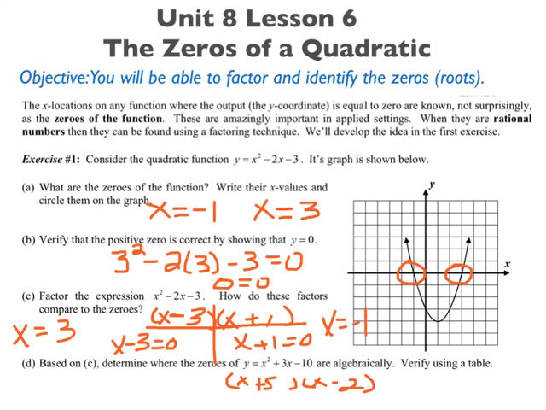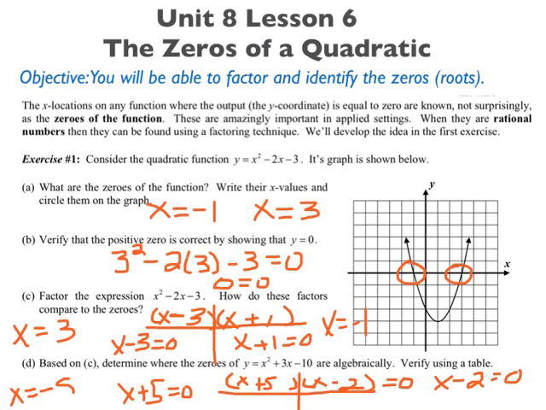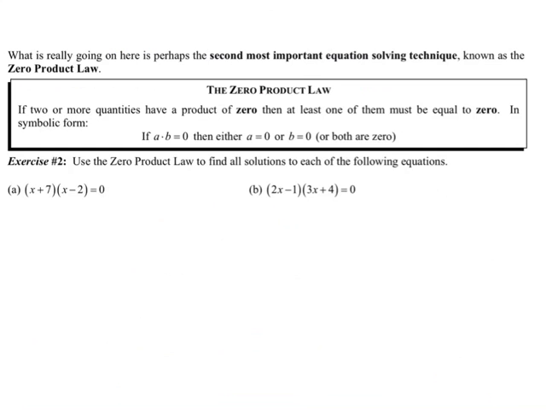Now if I tee this up and set it equal to 0, x plus 5 equals 0, x minus 2 equals 0, and solving for x, I get x equals negative 5 and x equals 2 for my 2 roots.